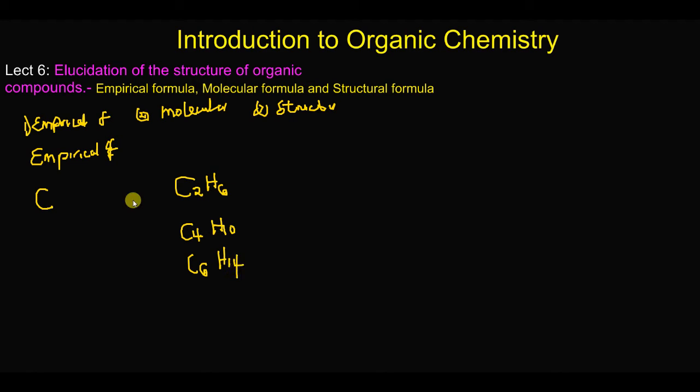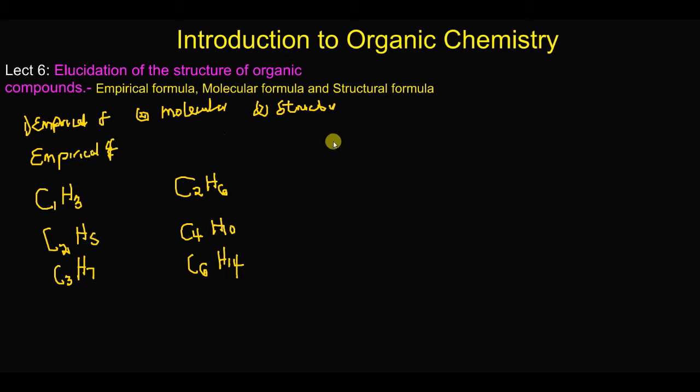Now these are molecular formulas of compounds, and then we have 1 and 3, 2 and 5, and 3 and 7. These are empirical formulas.